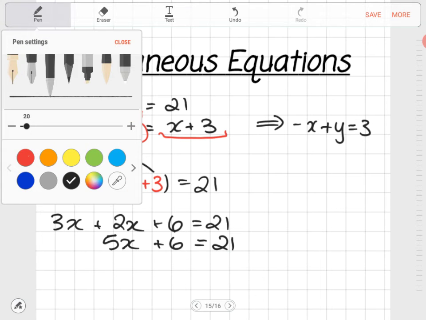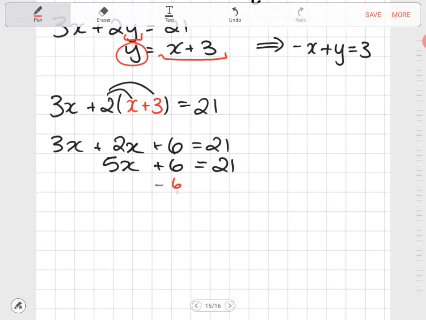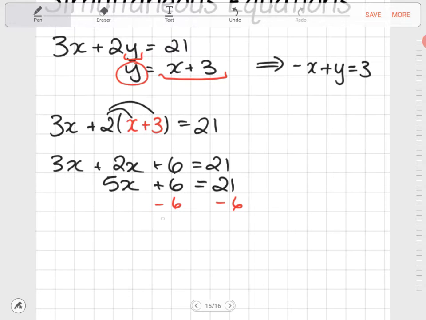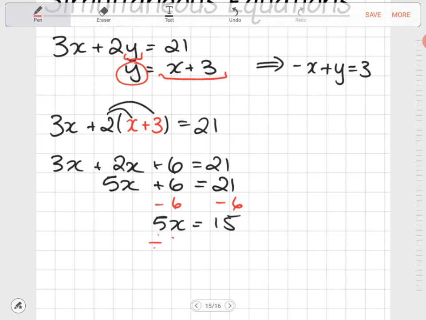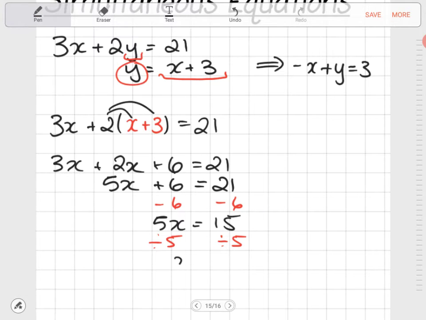Next we need to think about how we can get x by itself, so we subtract 6 from both sides, because that is the last thing that was done to x. So we have 5x is equal to 15, and now we are going to divide by 5, and we will get x equals 3.